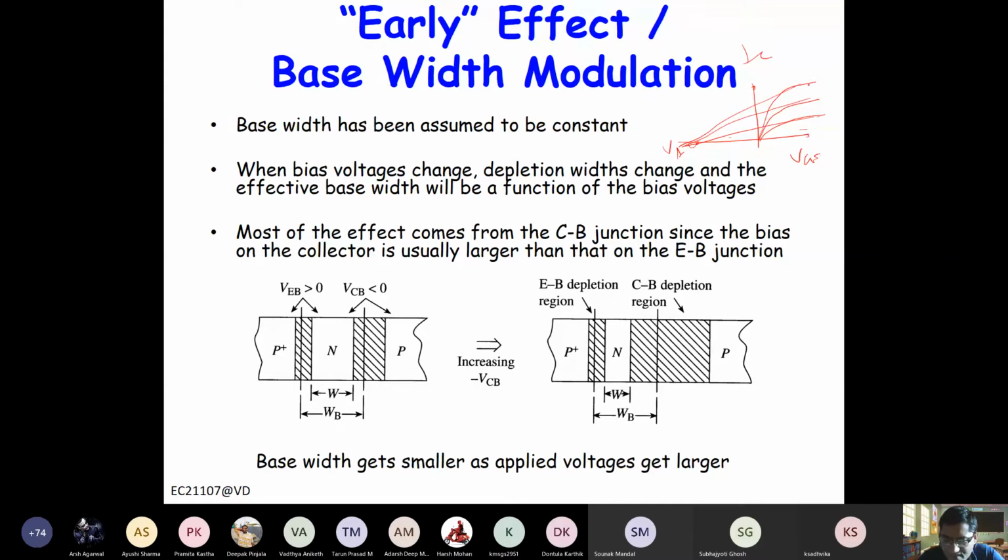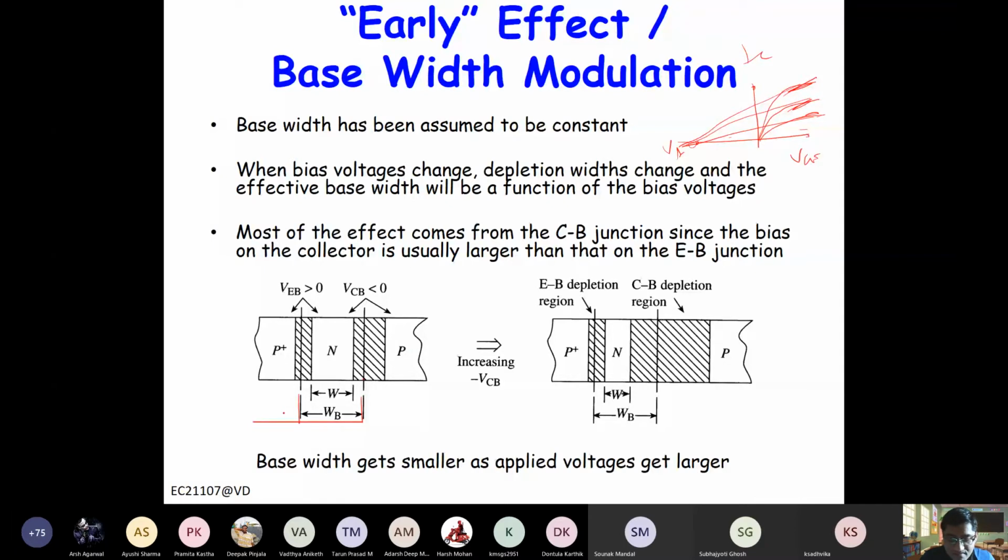So if you notice, that means there's some linear increase with VCE. That is attributed to this base width modulation. We know that WB is the actual width of the base, from the metallurgical junction at emitter base to the collector base metallurgical junction.